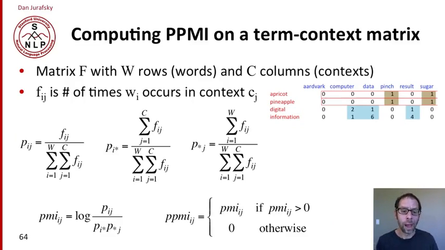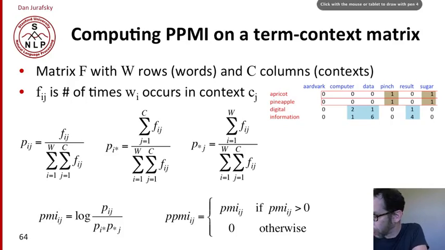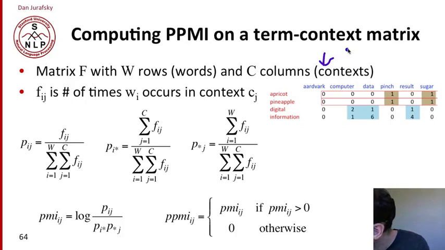So imagine that we have a matrix F, our term context matrix, we'll call it F for frequency, with rows labeled by words, and columns labeled by contexts, which could be a context word. So we saw, for example, a context word aardvark or computer or data or pinch or so on. And here are our counts.